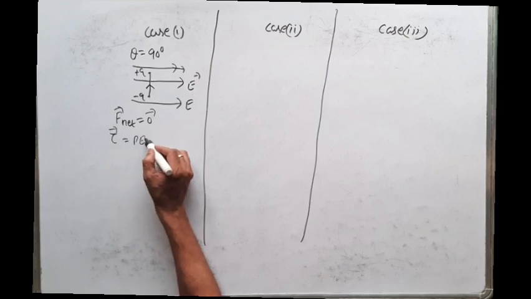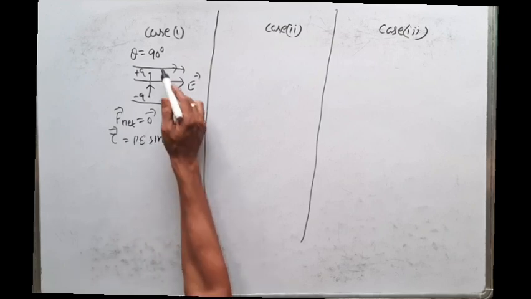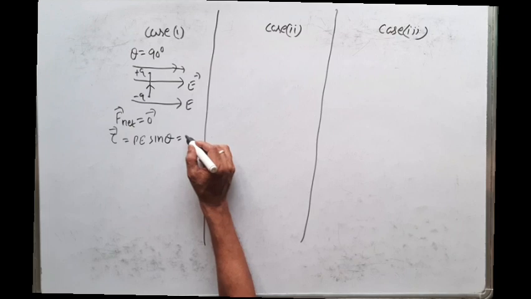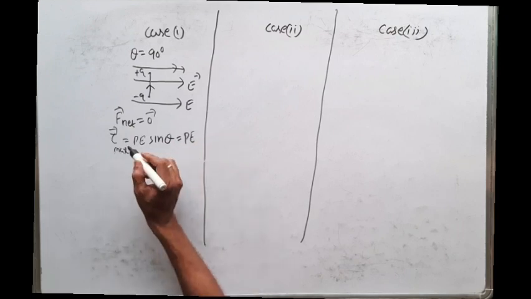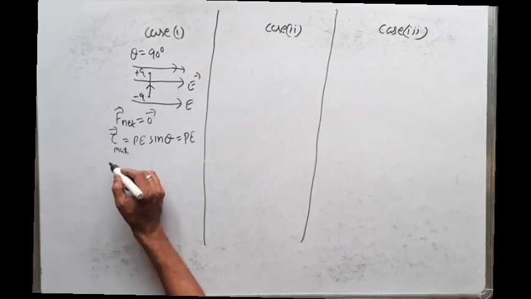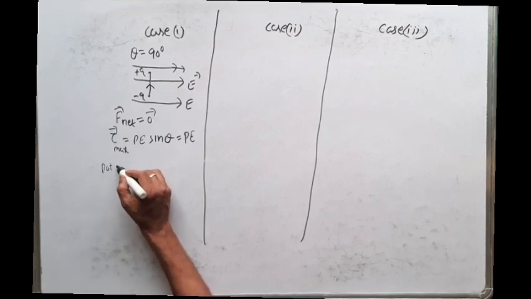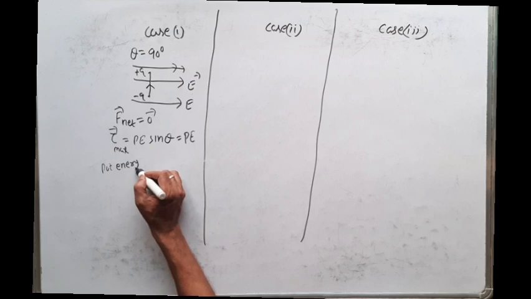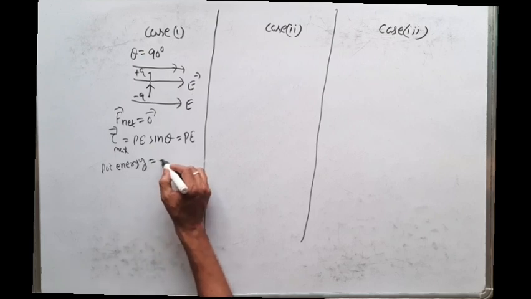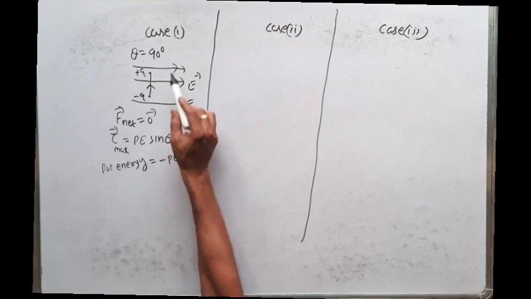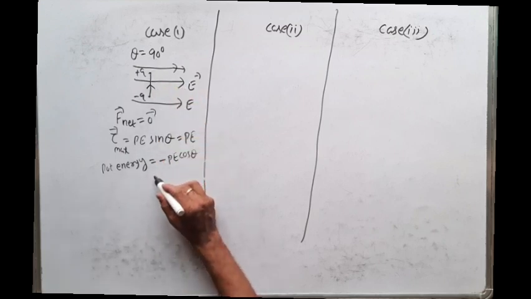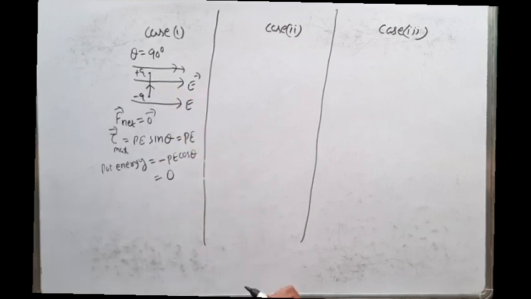Torque is equal to P E sin theta. Theta is equal to 90, so sin 90 is the maximum. So here you will get maximum torque. And what is the potential energy? Potential energy is equal to minus PE cos theta. Theta is equal to 90, cos 90 is equal to 0. So potential energy is 0.